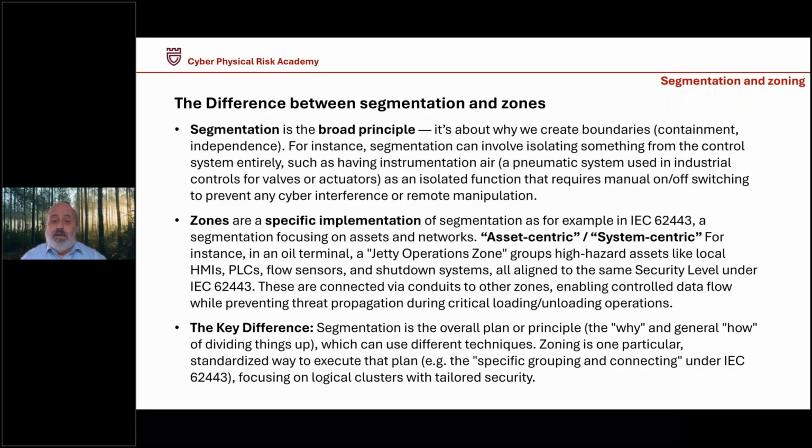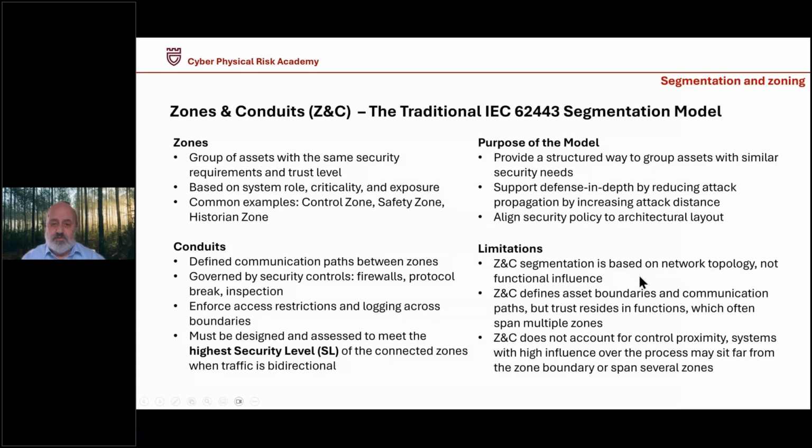So then we end up, if we talk about the traditional IEC 62443 model, with zones and conduits. And the zones are the assets with the same security requirements. They're based on a specific role, sometimes criticality and exposure.